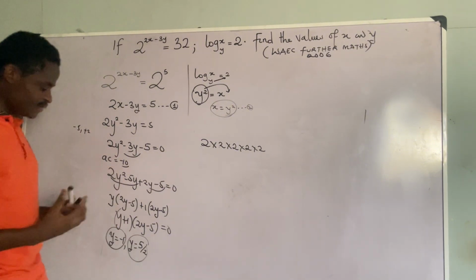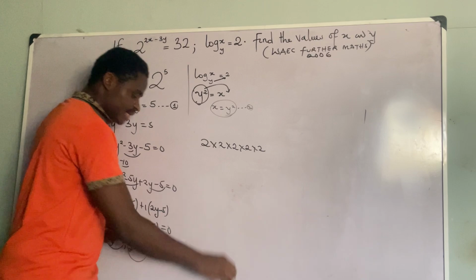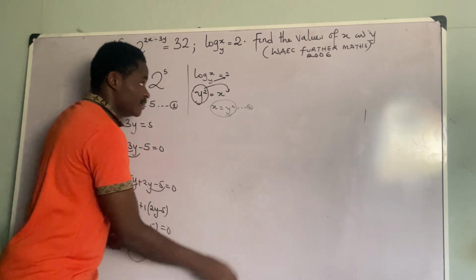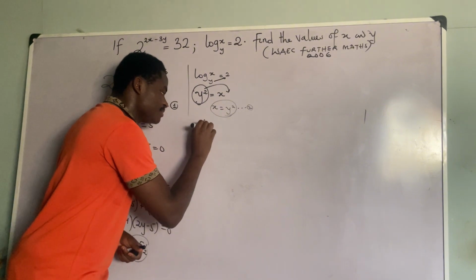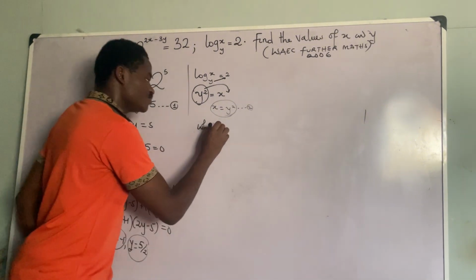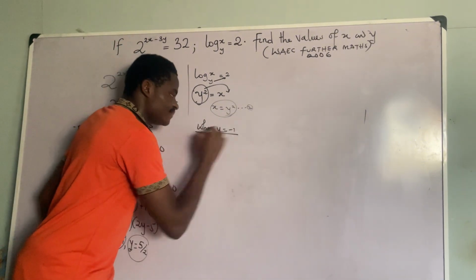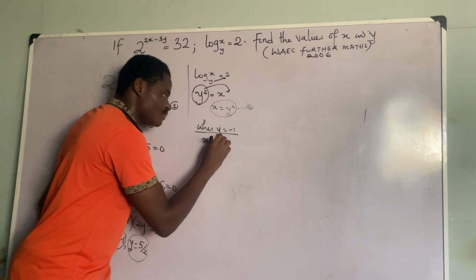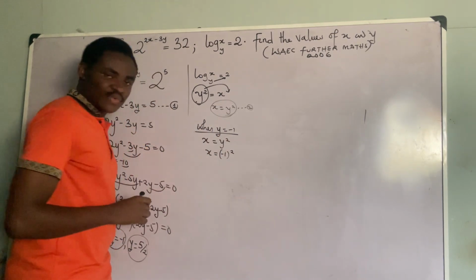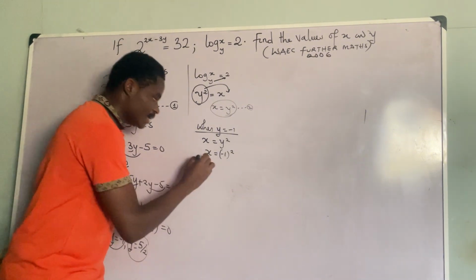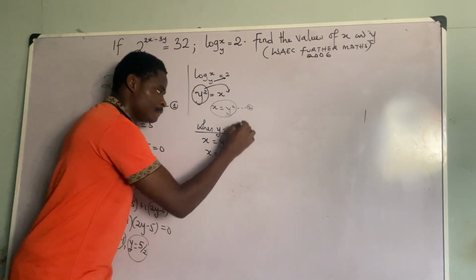Now, if you have gotten the value of y, you can bring it into equation 2 to solve for x. Let me begin with the first one. When y equals minus 1, x, which was y square, is x equals minus 1 all squared, and this is x equals 1.